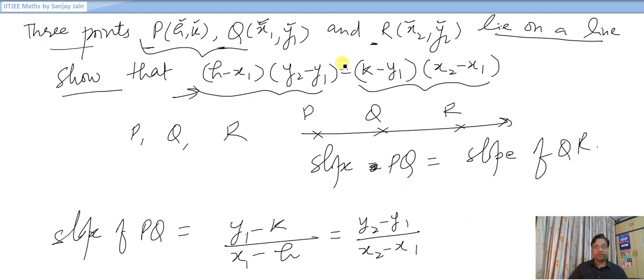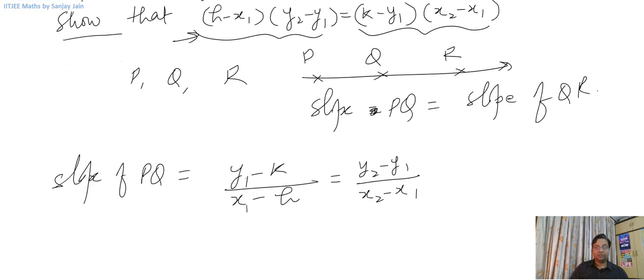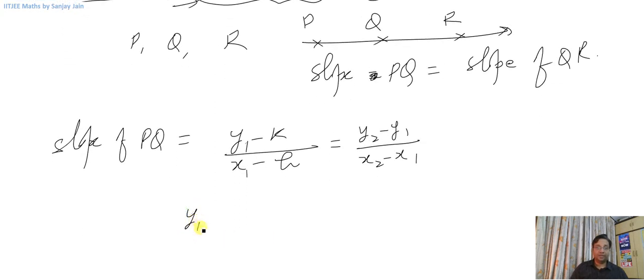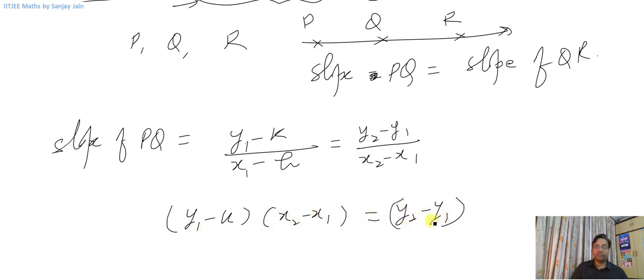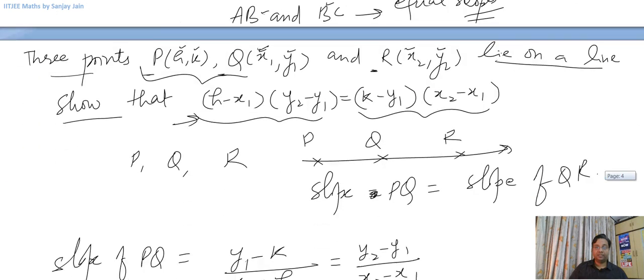So now we require this expression because if I cross multiply, I'll get the required expression. So you cross multiply it, y1 minus k into x2 minus x1 will be equal to y2 minus y1 into x1 minus h.